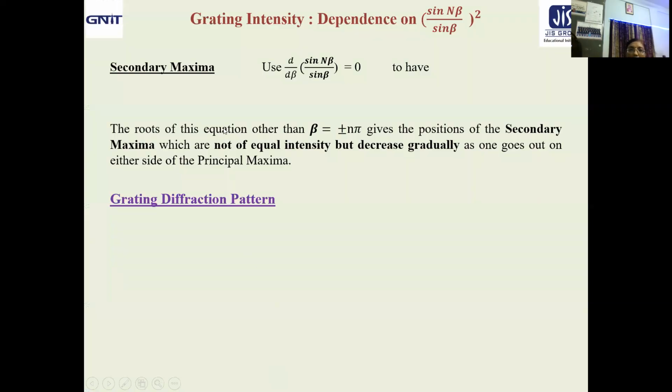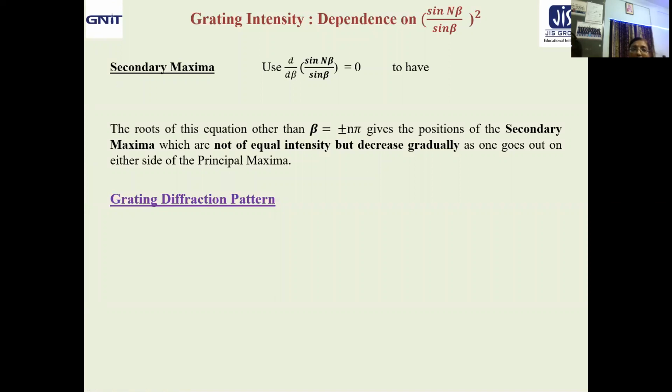Okay. Now, if there are only minima between consecutive interference maxima, you cannot identify first order minima, second order minima like that. That means there must be some secondary or subsidiary maxima even in the interference term. Up to second order diffraction, you didn't get any secondary maxima in the interference term.